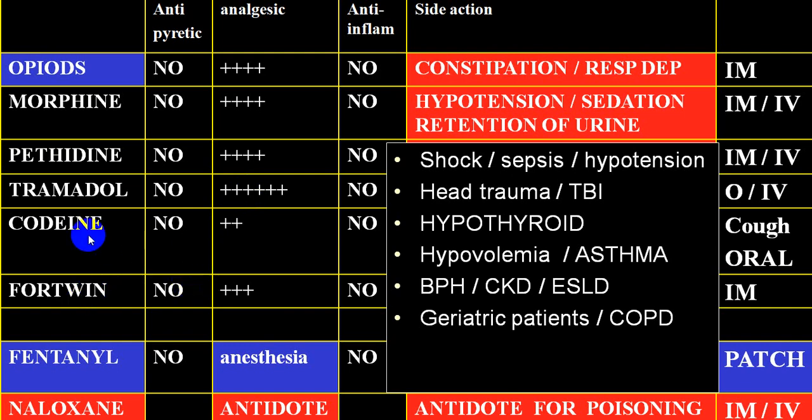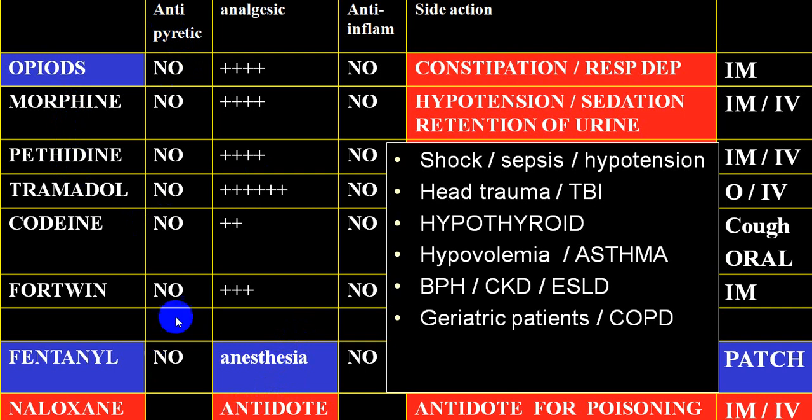Fortwin is a little more than codeine but less than tramadol, morphine and pethidine. Fentanyl is mainly utilized as an anesthetic, and naloxone is mainly utilized as an antidote for poisoning by morphine and pethidine compounds. So during acute opioid poisoning, naloxone is utilized as an antidote.